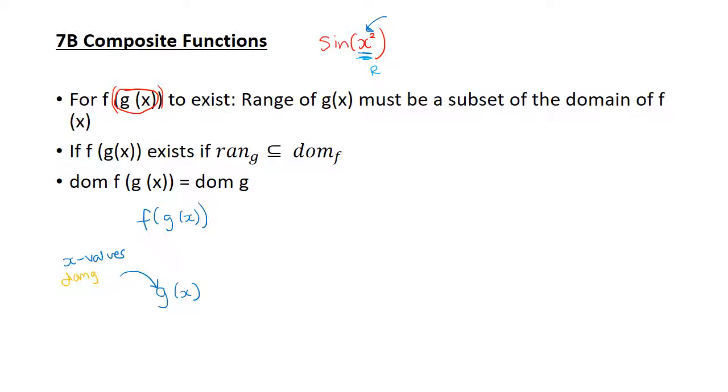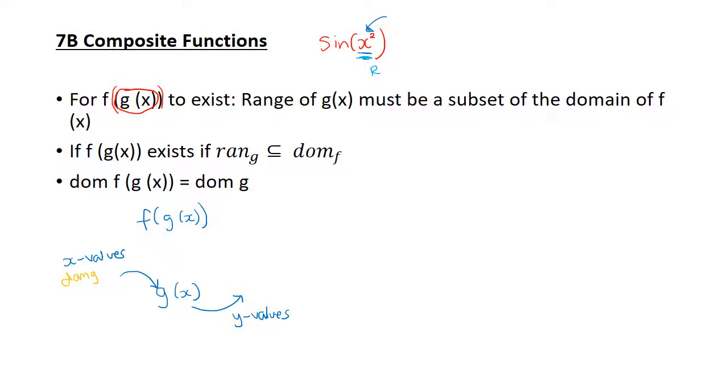Then we have something coming out. After I've substituted in my x values, if I sub x values into a function, what I get out of that is the possible y values. So when I substitute x equals 2 into x squared, for example, what I would get out is the y value of 4.